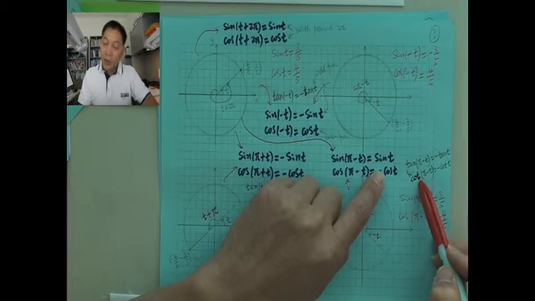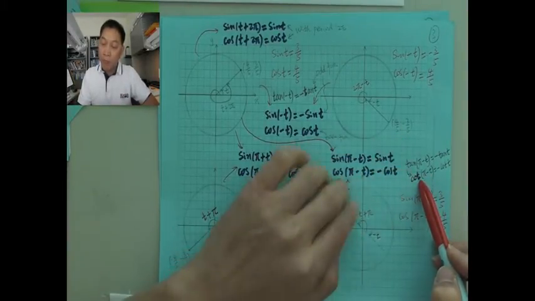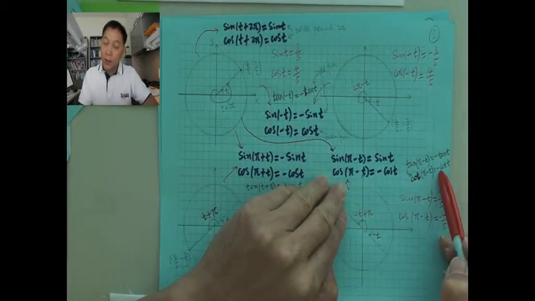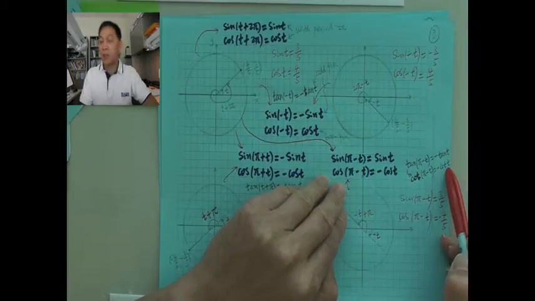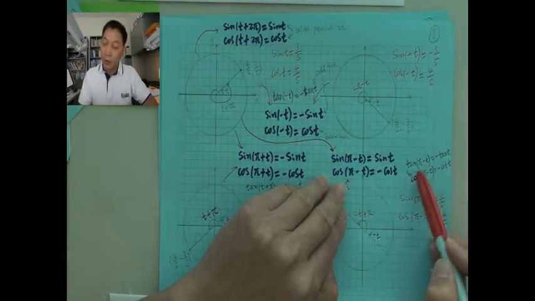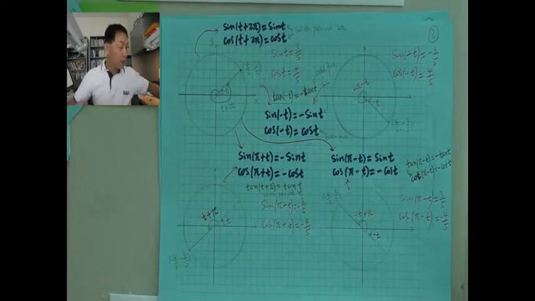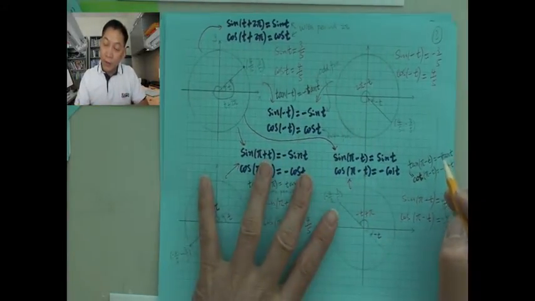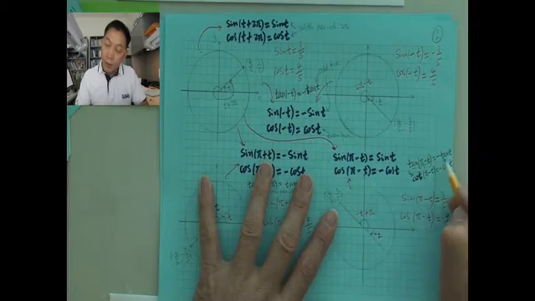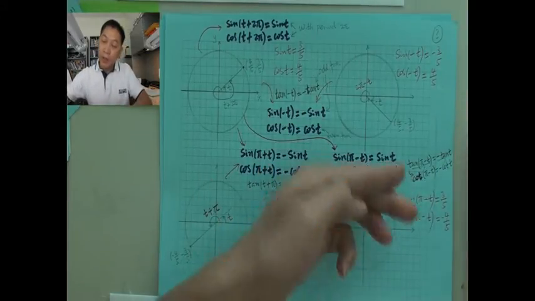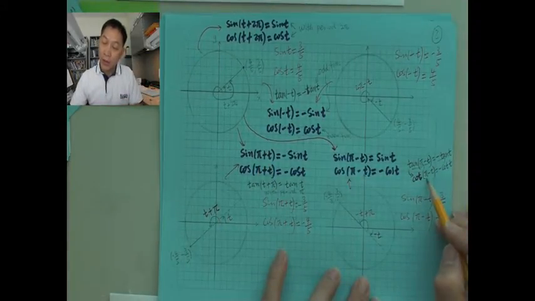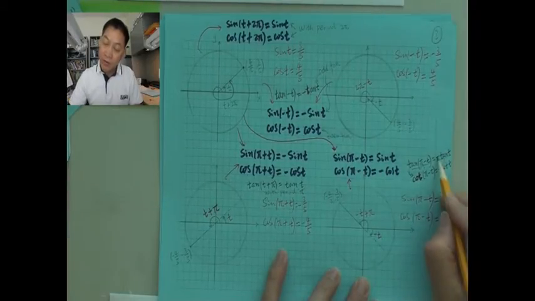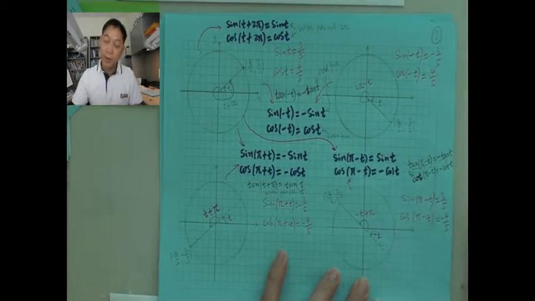Since cotangent t is the reciprocal, you know cotangent pi minus t is negative cotangent t. Because down here there was a 1, and you flip it, it comes to be cotangent, but the negative sign still stays there.